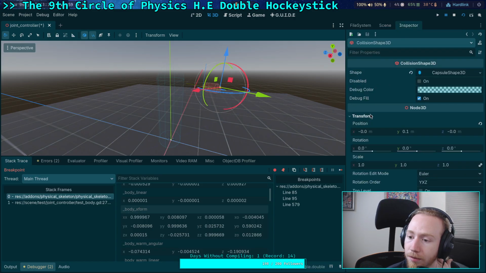This one. This one just a transform of negative of positive 0.1.